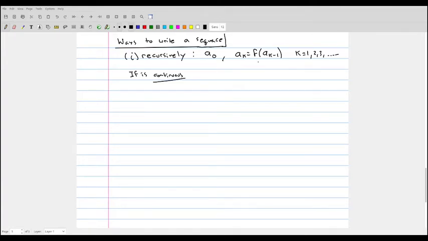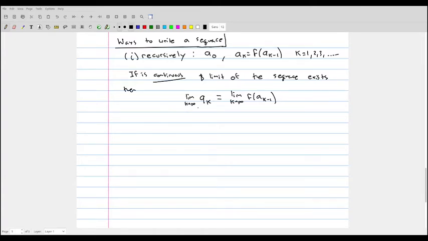Specifically, if the limit of the sequence exists, then the limit as k goes to infinity of a_k should be equal to the limit as k goes to infinity of f of a_{k-1}.